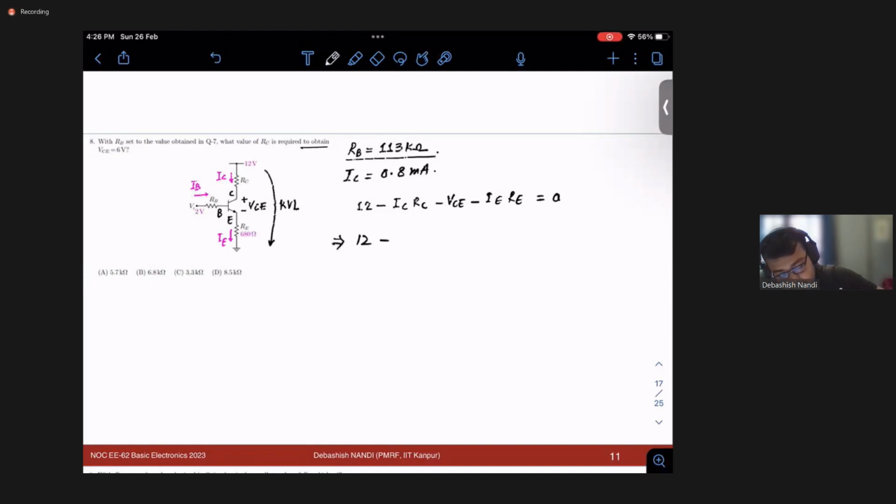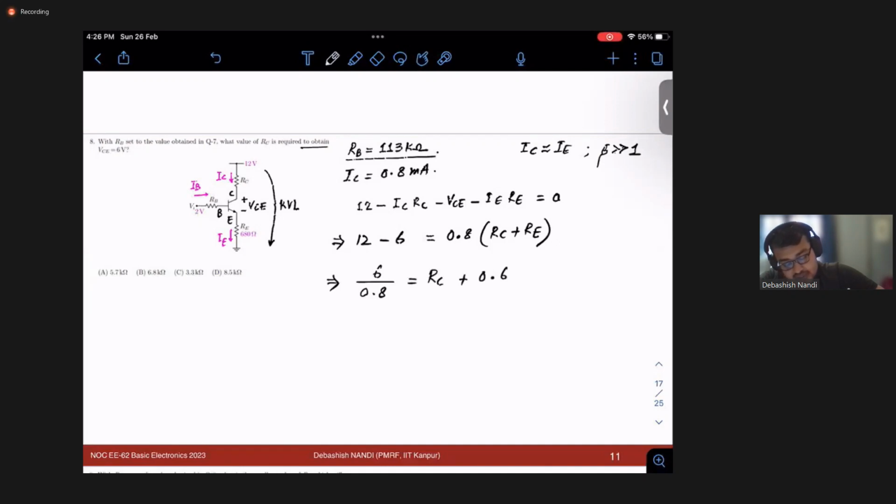So 12 minus this is 6 equal to IC, and IE we can take as similar because my beta is much more than 1. So IC we know is 0.8, so times RC plus RE, right? So 6 by 0.8 equals, what is my RC? I need to find out, right? RE is given as 0.68. So 6 divided by 0.8 minus 0.68.